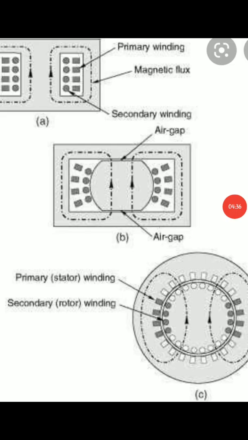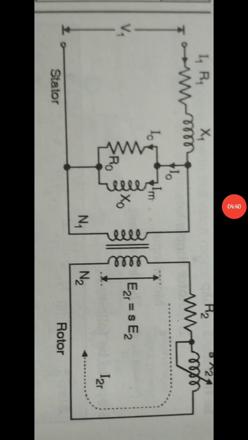Now let's discuss the next point, the equivalent circuit of the induction motor. As we have discussed earlier, the induction motor is equivalent to a rotating transformer. Hence, by taking the transformer equivalent circuit, we can draw the equivalent circuit of the induction motor. The figure shows the basic equivalent circuit, which is similar to that of the transformer.